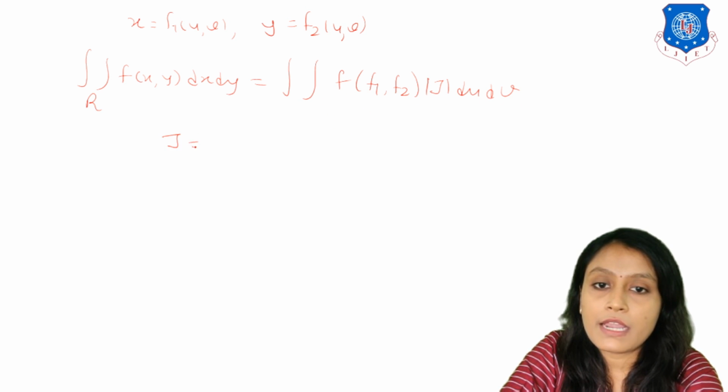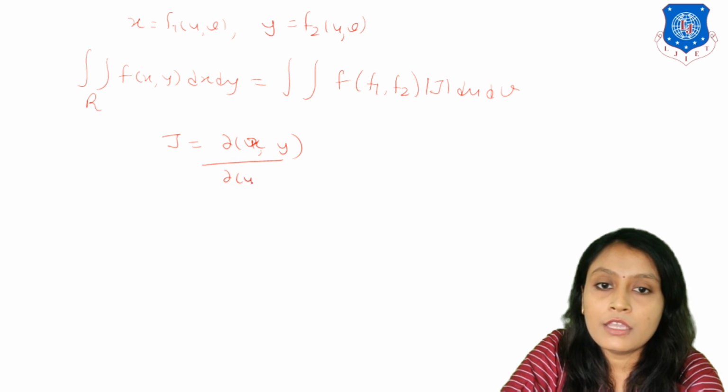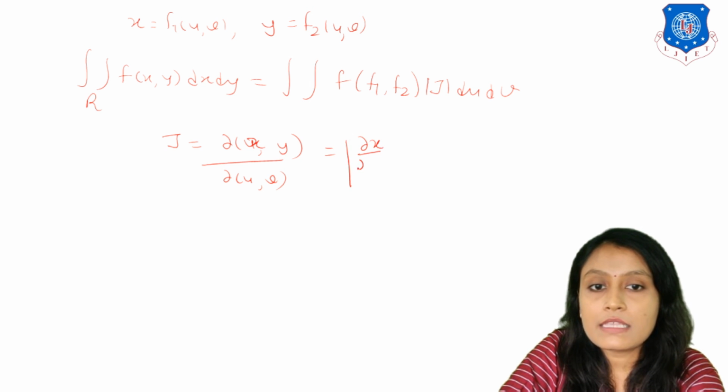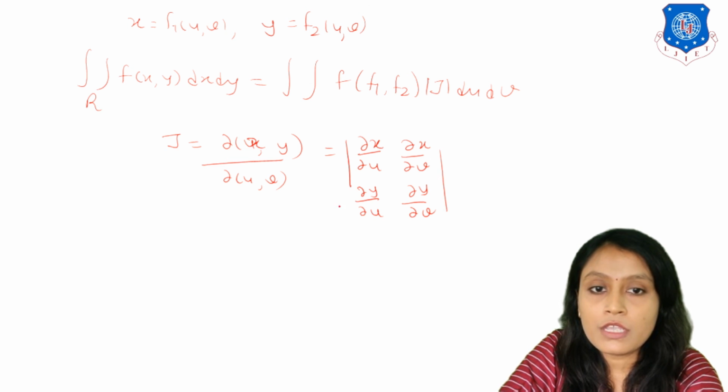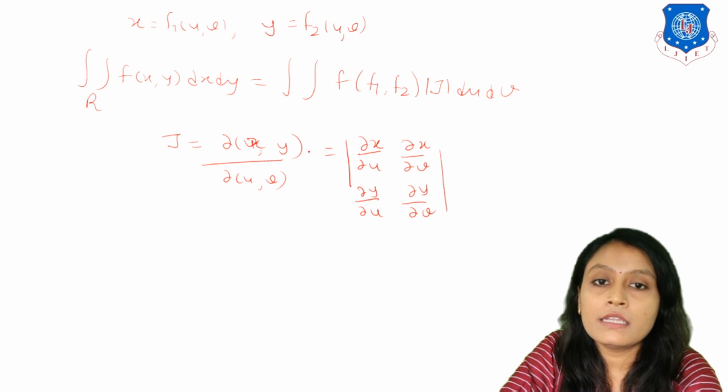So firstly we will find this Jacobian by the formula ∂(x, y)/∂(u, v), and this is given by the determinant with ∂x/∂u, ∂x/∂v and ∂y/∂u, ∂y/∂v. So we have to evaluate this Jacobian, substitute it and integrate it.